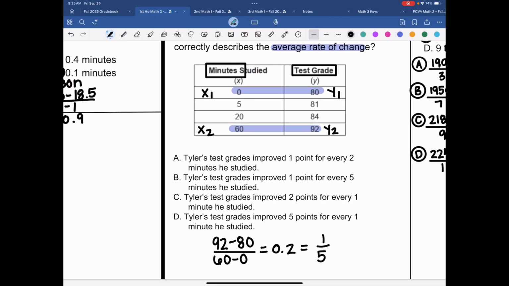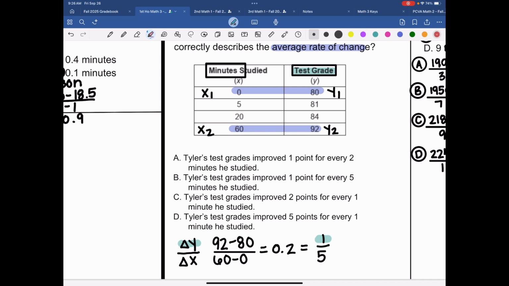But the question is which goes with which? So let's remind ourselves that the top number is my change in my y over my change in my x. So we're going to look at the y's and x's in my table up here. So if we're looking at our y's and x's, my y was the test grade, so that's going to represent this first number.